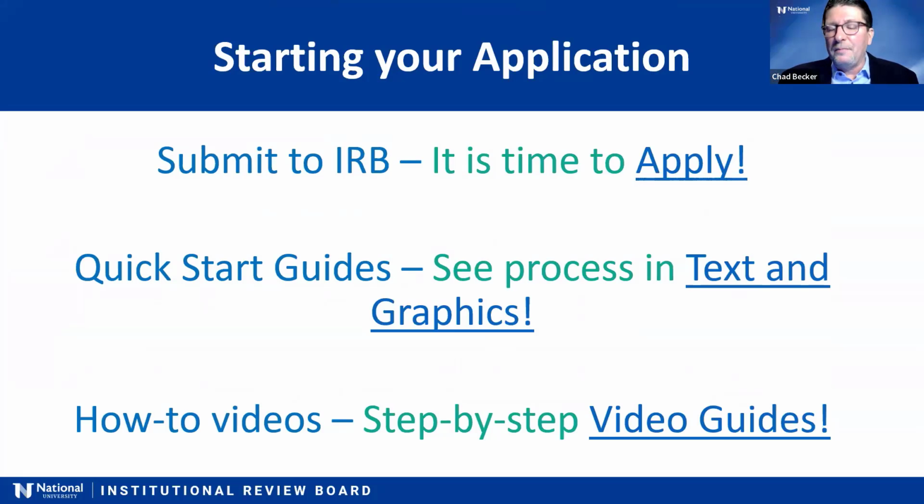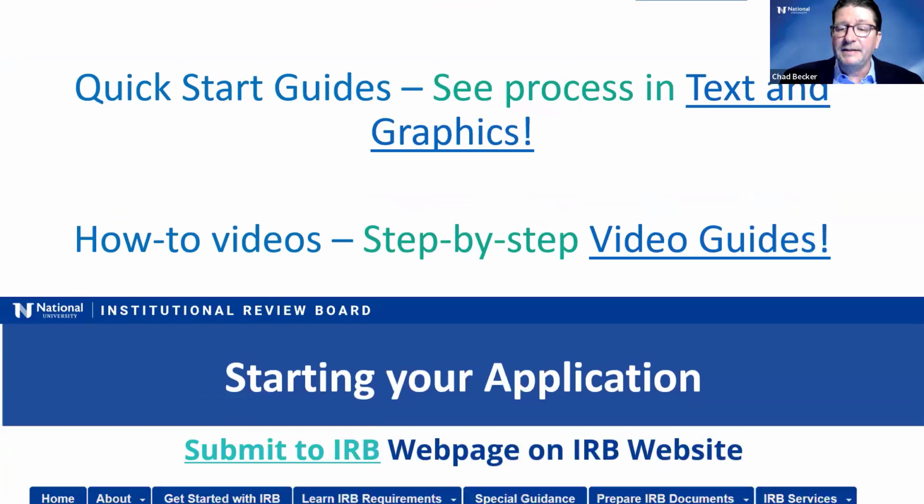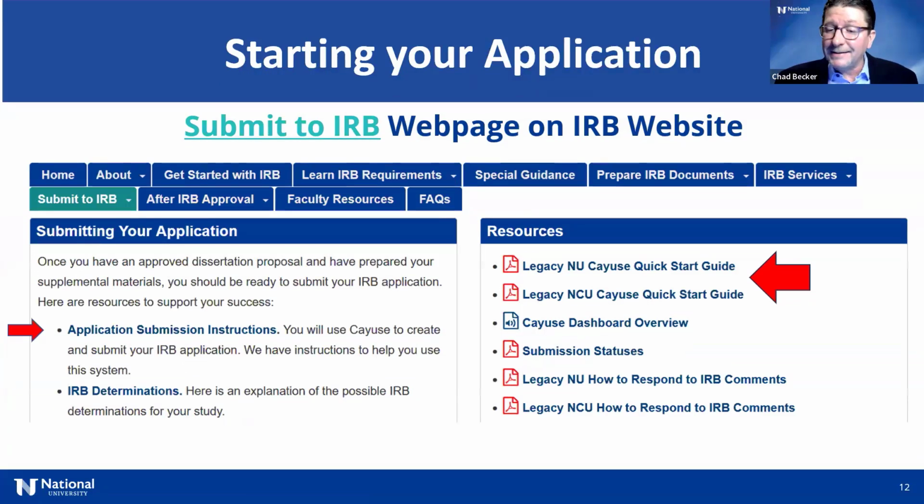These are the main ingredients of starting your application. We have web pages about submitting to the IRB with quick start guides, and we have how-to videos. So again, I'm not going to bounce to the websites, but I do have screenshots. So our submit to IRB page, which is linked here, so you can very easily find it. And you can see here that it's highlighted, and this is the content from that page.